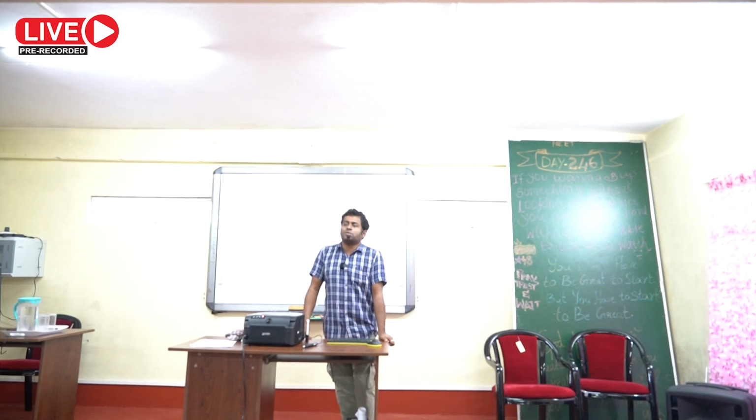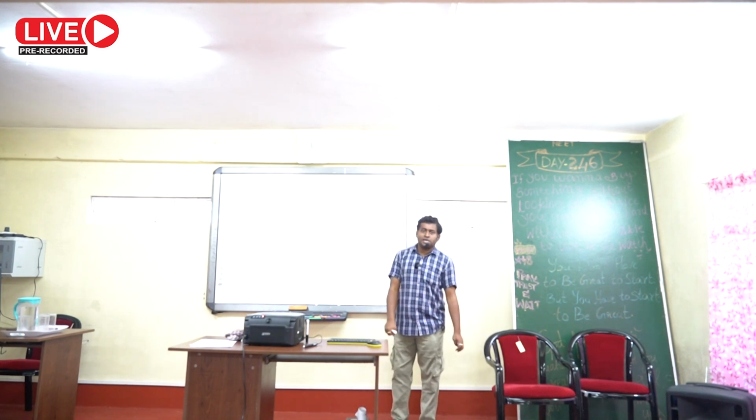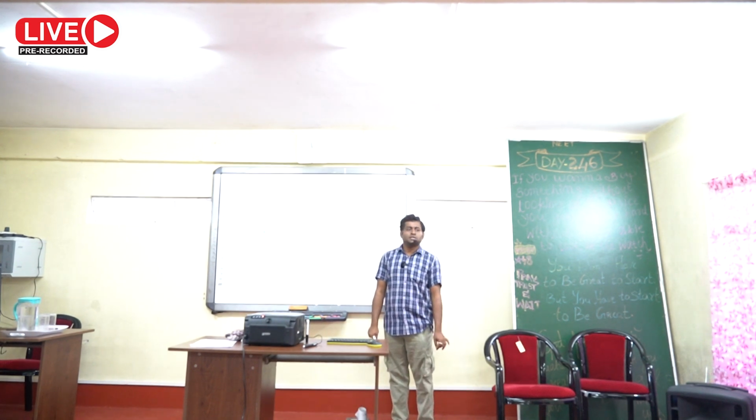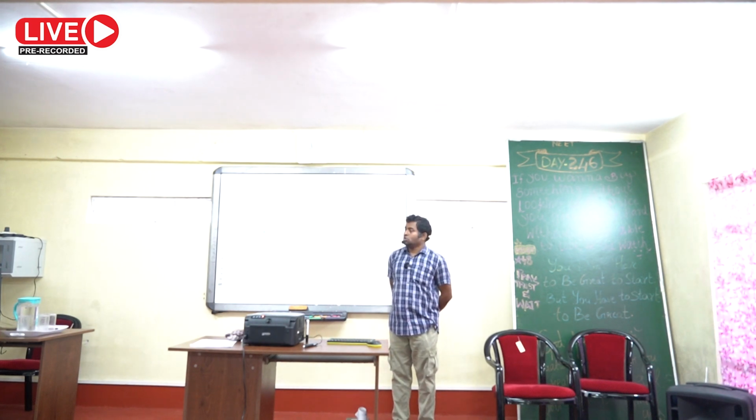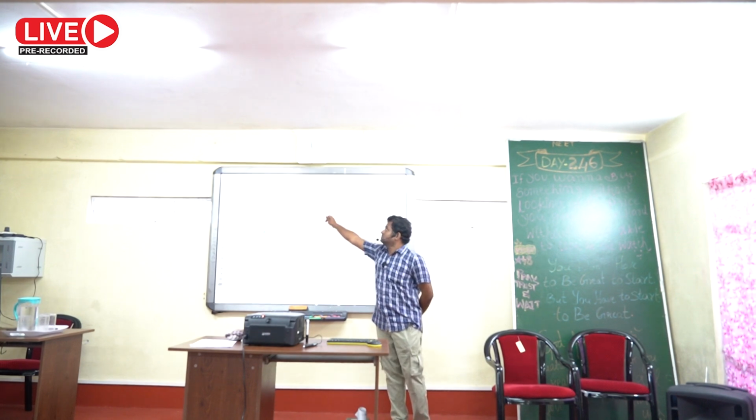I use the product rule of differentiation, that is dr/dt cross P plus r cross dP/dt. Now, what is dr/dt cross P? What is the value of dr/dt cross P? First term.